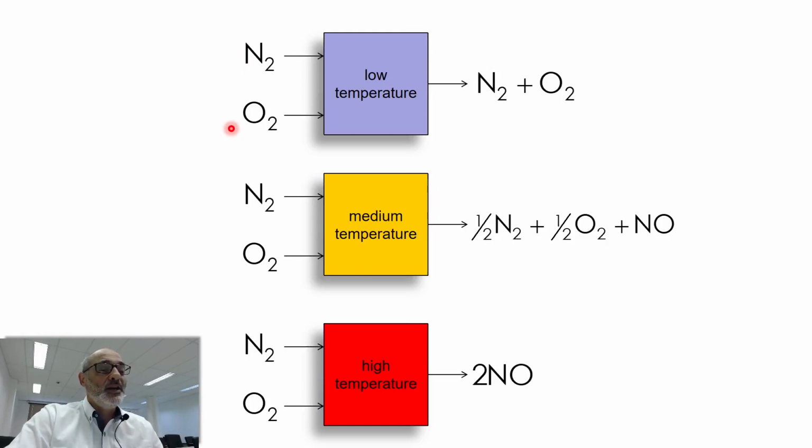That's the composition of the atmosphere. And we know that at low temperature, nitrogen does not react with oxygen. So if you input this into a reactor at low temperature, nothing is going to happen.